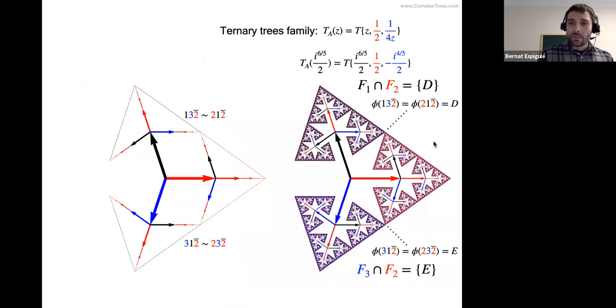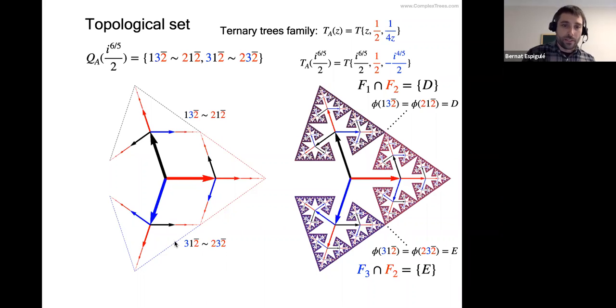And for this value of z, you get that the tree is only connected in these 2 points, like F1 and F2 intersecting only in D, and then F2 and F3 intersecting only in this point E. Because you are only having these 2 pairs of tip points, that's how I define what I call the topological set of the tree.